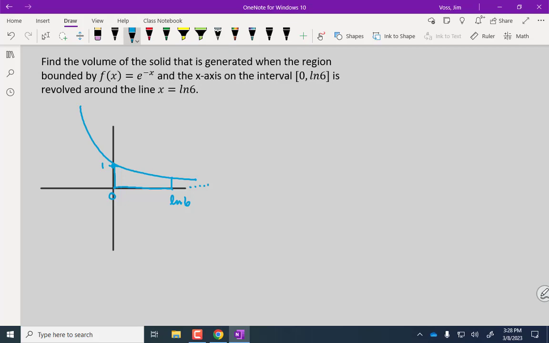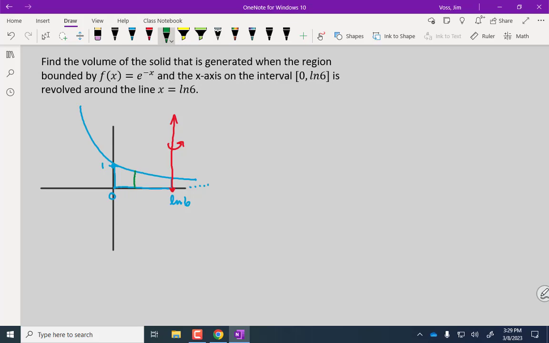There should only be one region that's trapped by all the information. If there's not one region, then there's a problem. And then this one says, let's rotate it around this vertical line at x equals natural log of 6. So that's going to be our rotation.